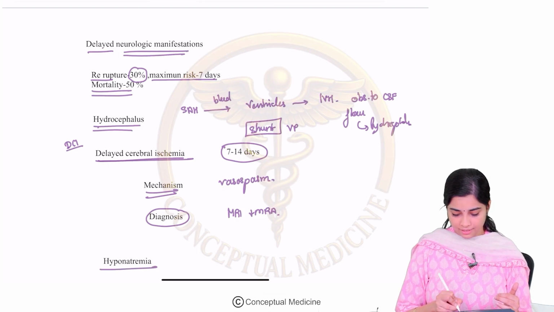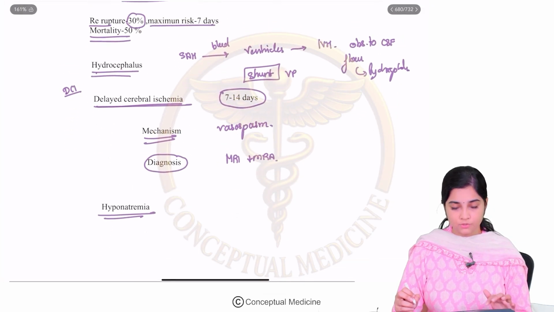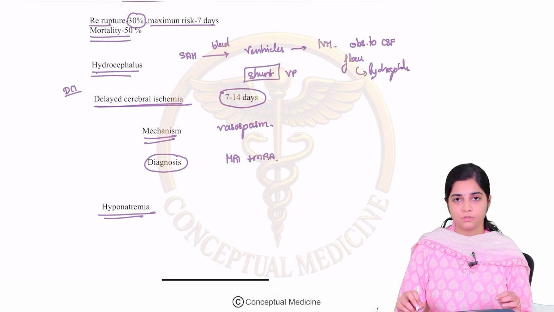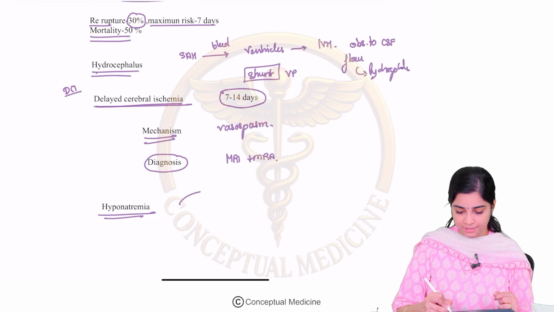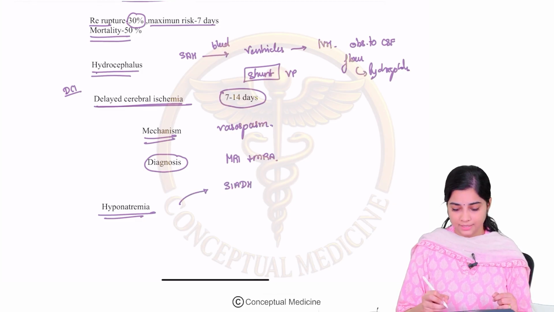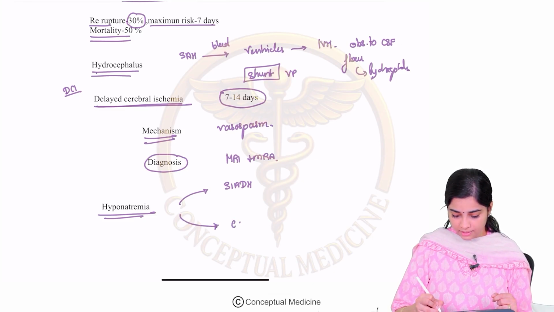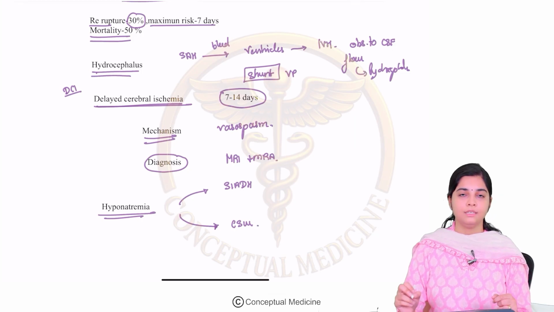Then you can have hyponatremia, right? We had discussed this in our chapter on hyponatremia as well. Hyponatremia in subarachnoid hemorrhage can be due to two causes, which include syndrome of inappropriate antidiuretic hormone or SIADH, or cerebral salt wasting or CSW.